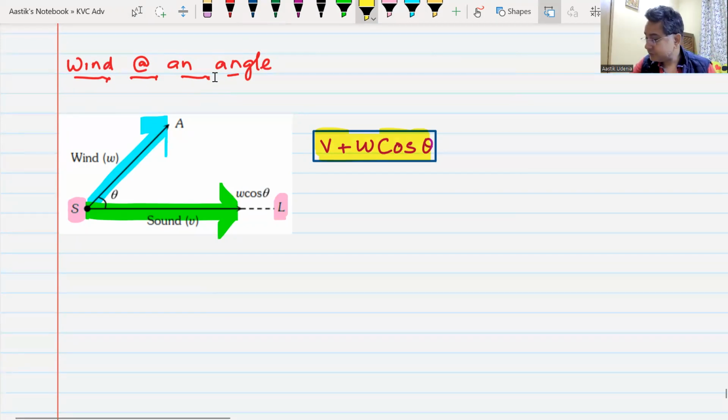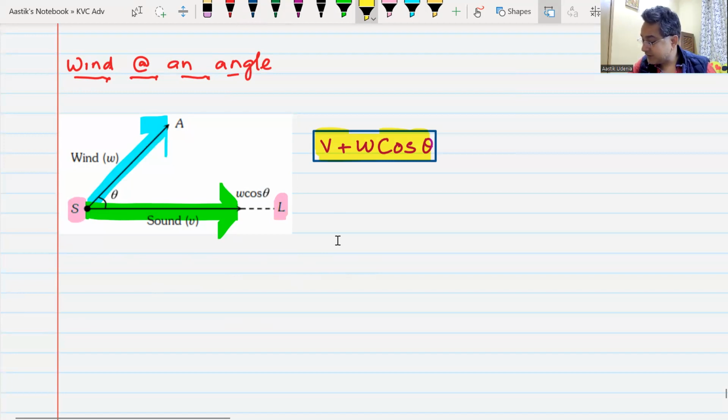Okay. Now, if you want, you can draw this table also where you get everything together. Let me see if I can draw it here.